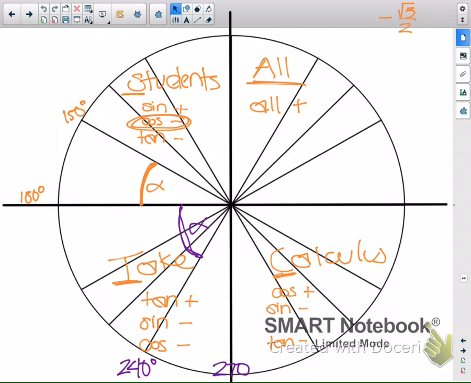That means I look at my chart under 60 degrees and ask myself, what is the sine at 60 degrees? Root 3 over 2. In that third quadrant, should sine be positive or negative? Negative. So my answer to that question is also negative root 3 over 2.